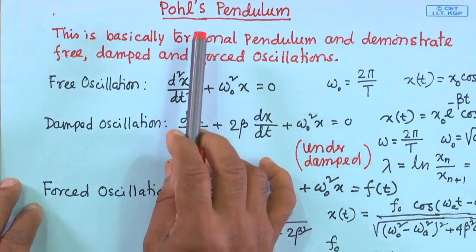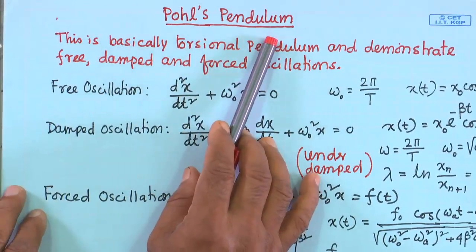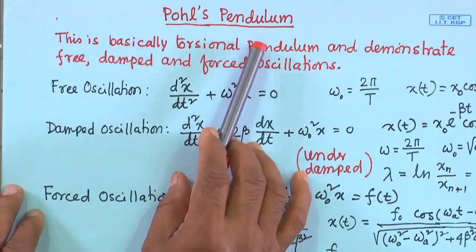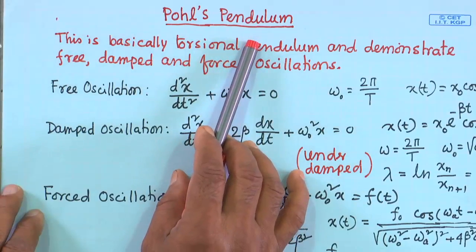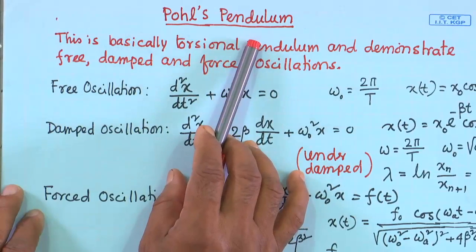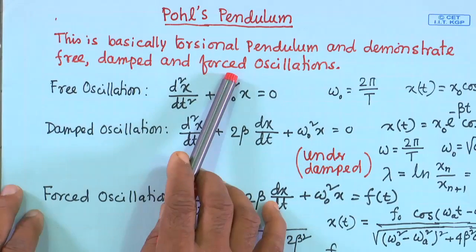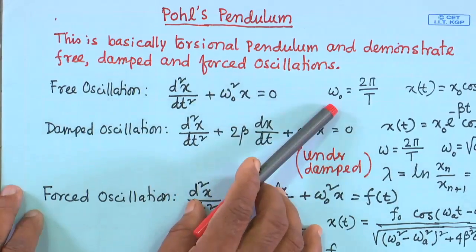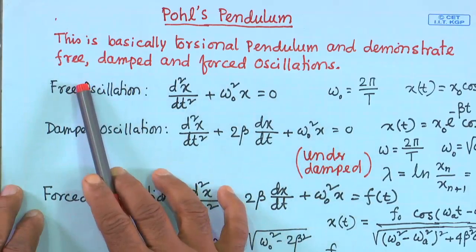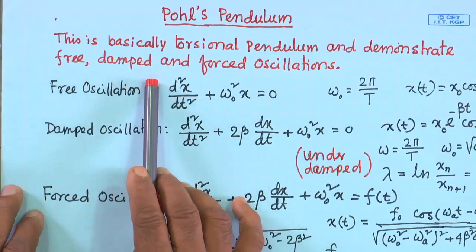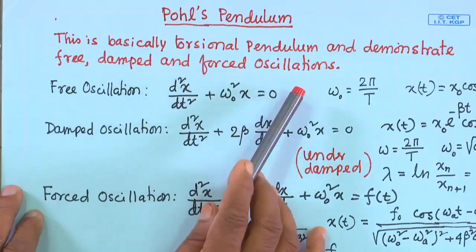Next, the pendulum we have used is basically Pohl's pendulum. We have demonstrated this experiment. This is a very nice experiment, because this is the pendulum which can demonstrate free oscillation, damped oscillation as well as forced oscillation.